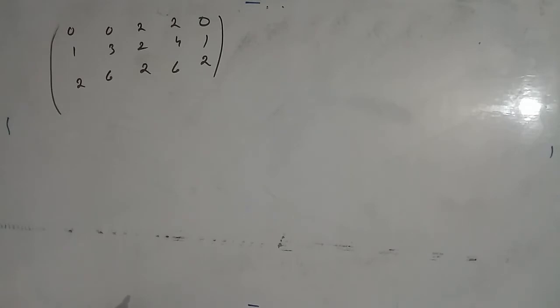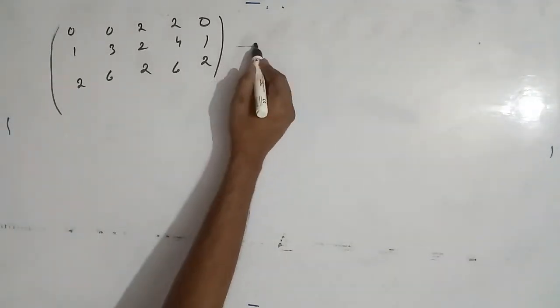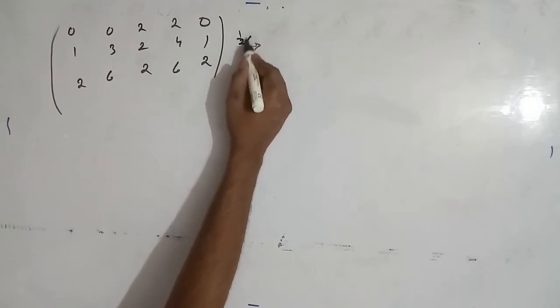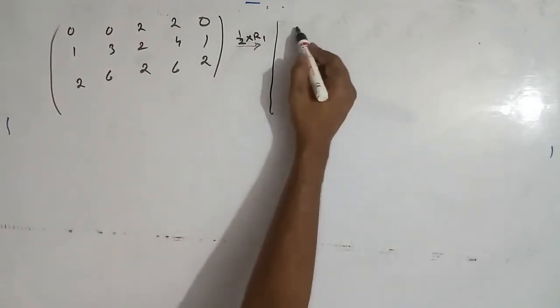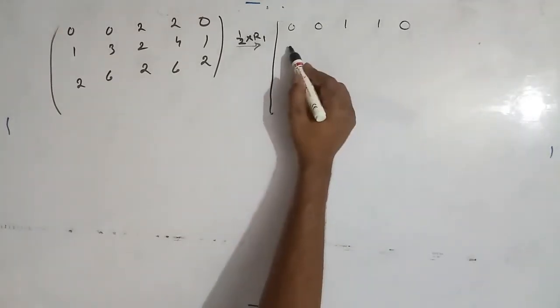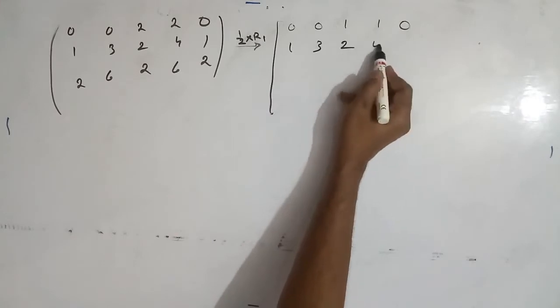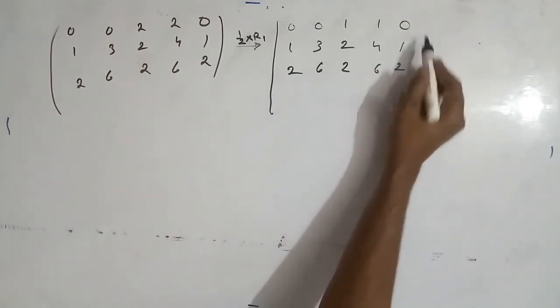So to make the leading element of the first row 1, we are multiplying row 1 by half. So half into R1. Half into R1 is 0 0 1 1 0, and 1 3 2 4 1, 2 6 2 6 2.